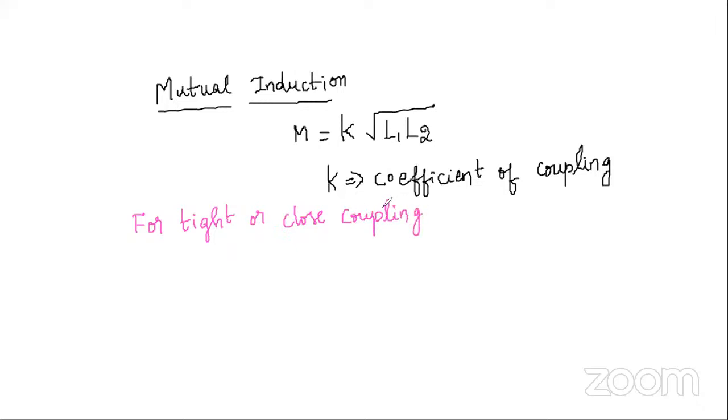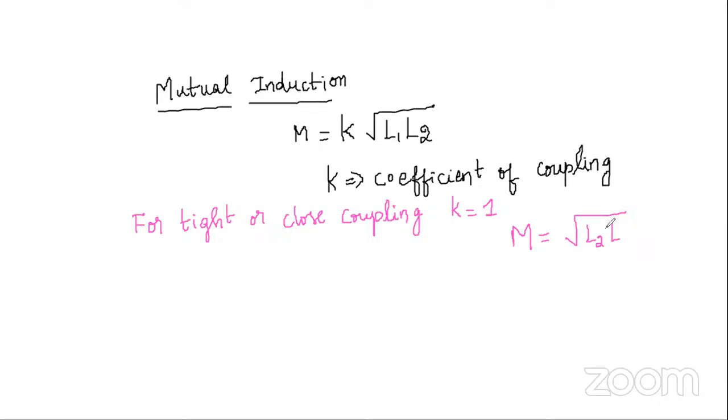In that case K equals 1, and M is nothing but root of L1 into L2. And for loose coupling, the K value lies between 0 and 1. So these are the different cases.